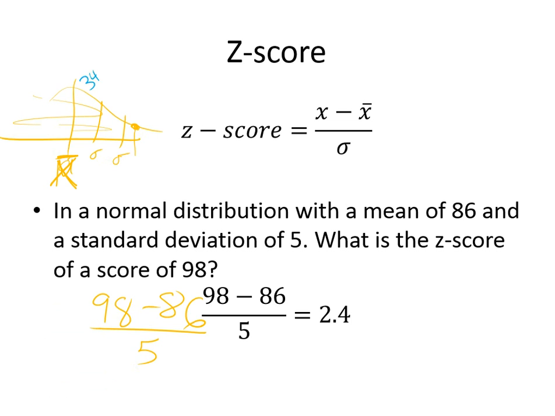Well, this was about 34. And 2 deviations away is about 95% of the data. So that means we're higher than the 95th percentile. We're probably up to about 98-ish percent.